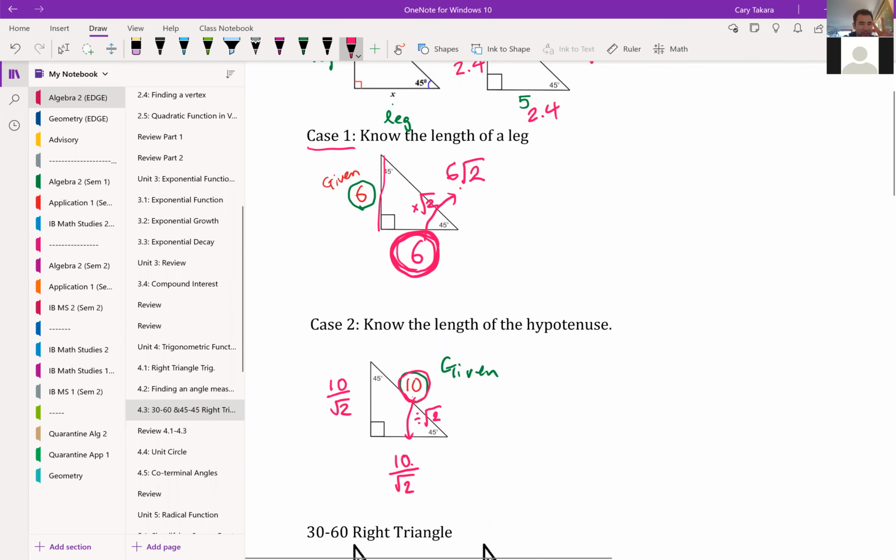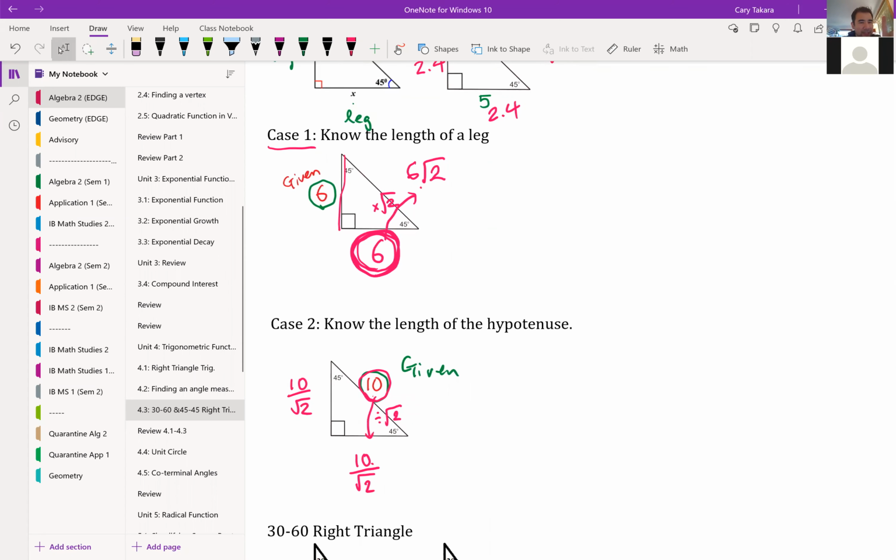Again, there are two cases. If you know the leg, then you multiply by square root of 2 to get to the hypotenuse. If you know the hypotenuse, in order for you to find the leg, you have to divide by square root of 2. Does that make sense? You multiply to get to the hypotenuse, or you divide to get back to the leg.